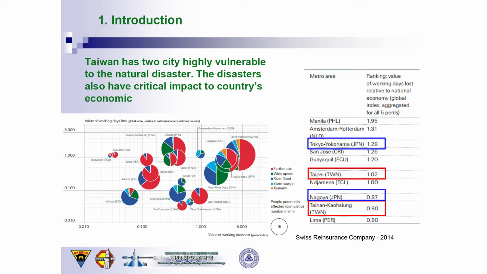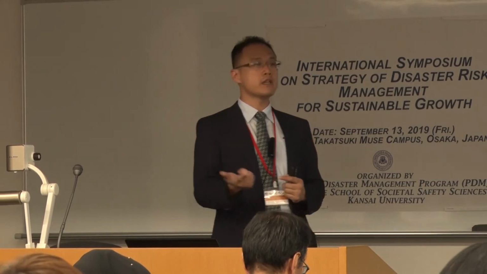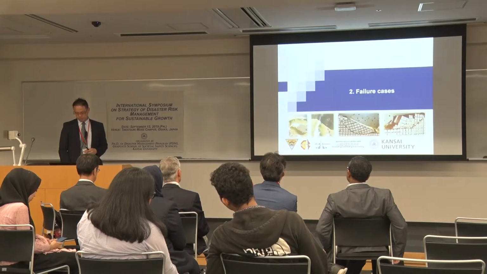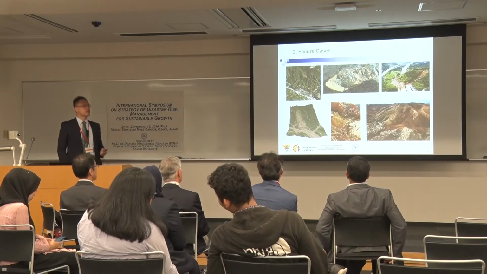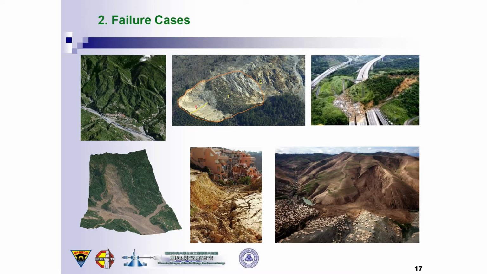So we face a lot of disasters, including earthquakes, flooding, and wind problems, and so on. Since this is the environment of Taiwan, I believe it is the same as in Japan.